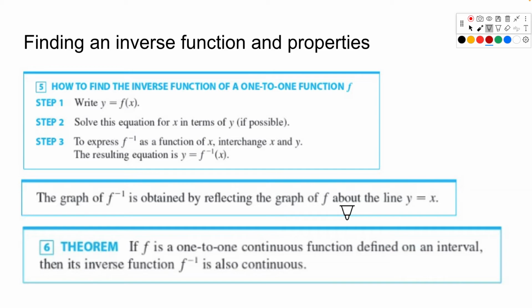If we've got a number 3 that has 3 inputs going to it, how do we know when we go back which one we're supposed to go to? You can't. So for a function to have an inverse, it has to be one-to-one. Each input can only have one output, and it has to have a unique output. It can't be shared, because otherwise we can't get back home. We might have 2 paths back.